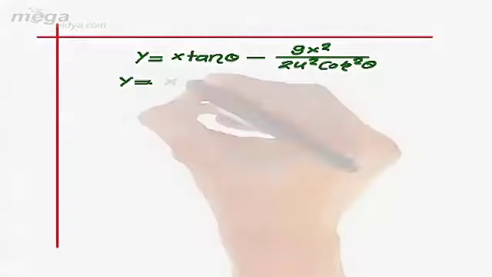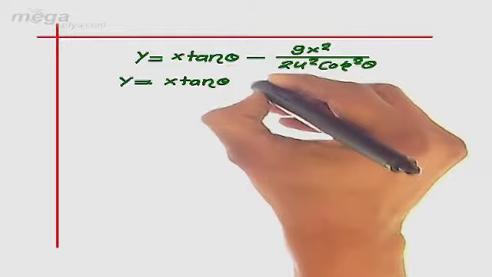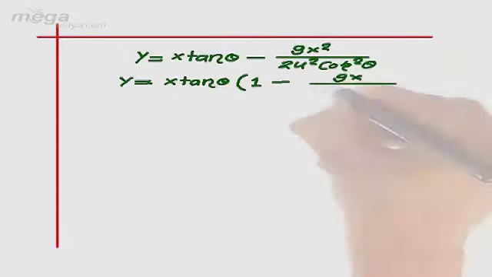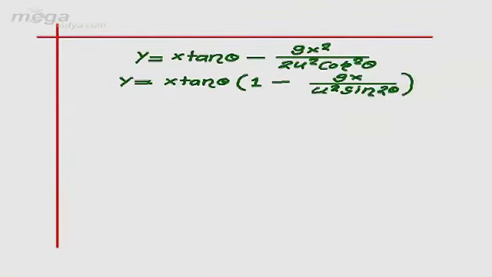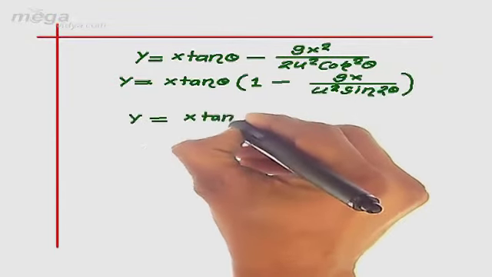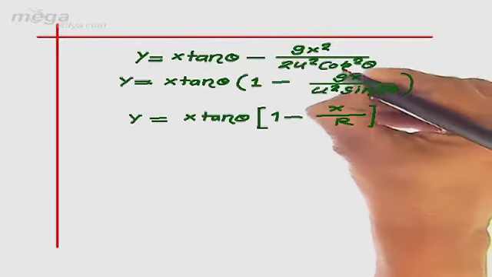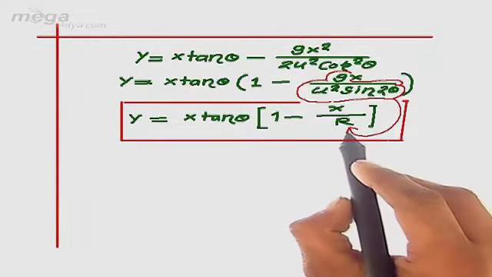If we take x tan theta common from these two terms, then we get 1 minus gx upon u square sin 2 theta, which can be further written as y equal to x tan theta times 1 minus x upon R, where R is the horizontal range. So this is the final form of the equation of trajectory in terms of angle of projection, x position and horizontal range of the projectile.